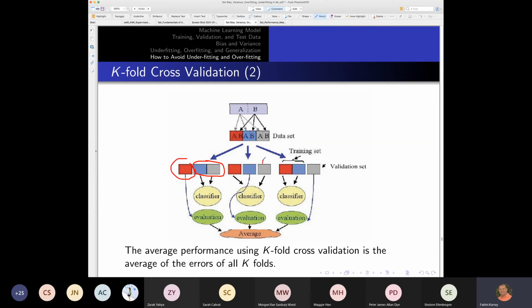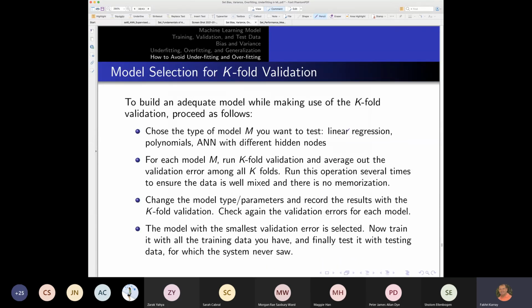Here, we take this one and this one for training, and we use this one for evaluation. And here we use this for training, and here we use this for evaluation. For each model, we compute the error, and the average error is the k-fold cross-validation error for this particular network. So this is what k-fold cross-validation means for a particular system.